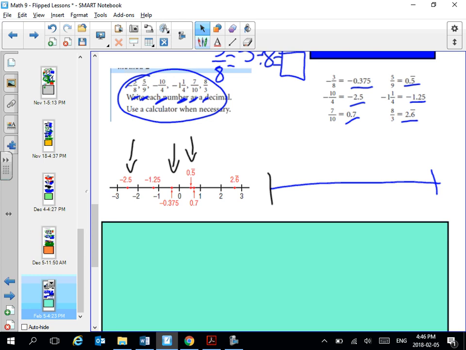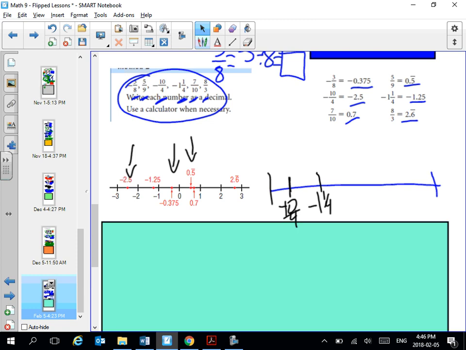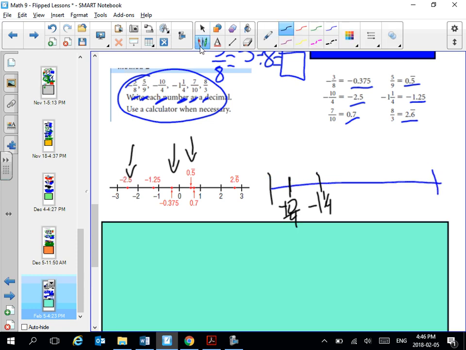So now I have negative 2.5 over here, which is the same as negative 10 over 4. So my first spot on my number line here is negative 10 over 4. Then I've got negative 1.25, which is negative 1 1/4. Okay. My next one up is negative 0.375. So here I have negative 3 over 8. Okay, the next one's 0.5.